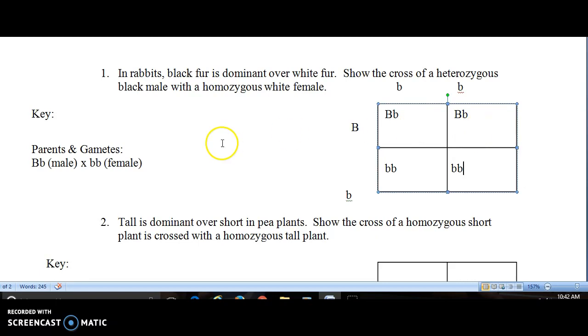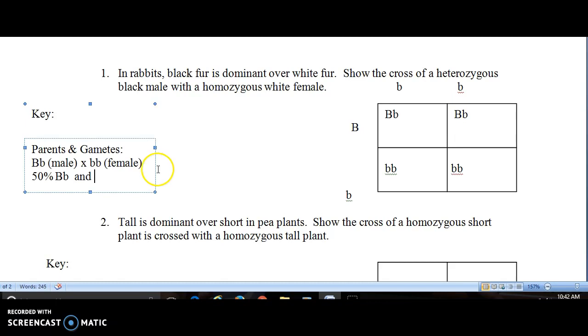So altogether 50% chance of the offspring. I'm going to put it over here. 50% chance of having capital B lowercase b.